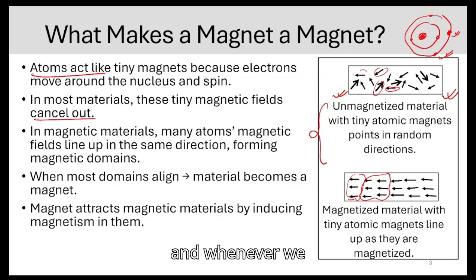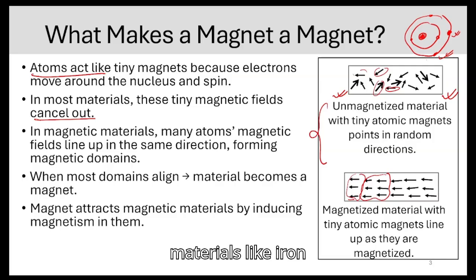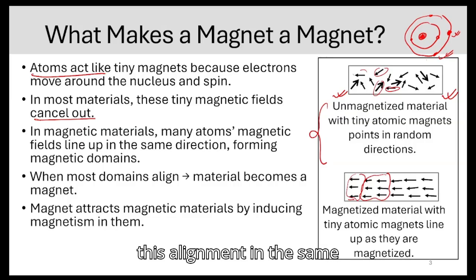And whenever we use a magnet to attract some magnetic materials like iron, or some other materials, the magnet attracts this other magnetic material by temporarily inducing this alignment in the same direction.